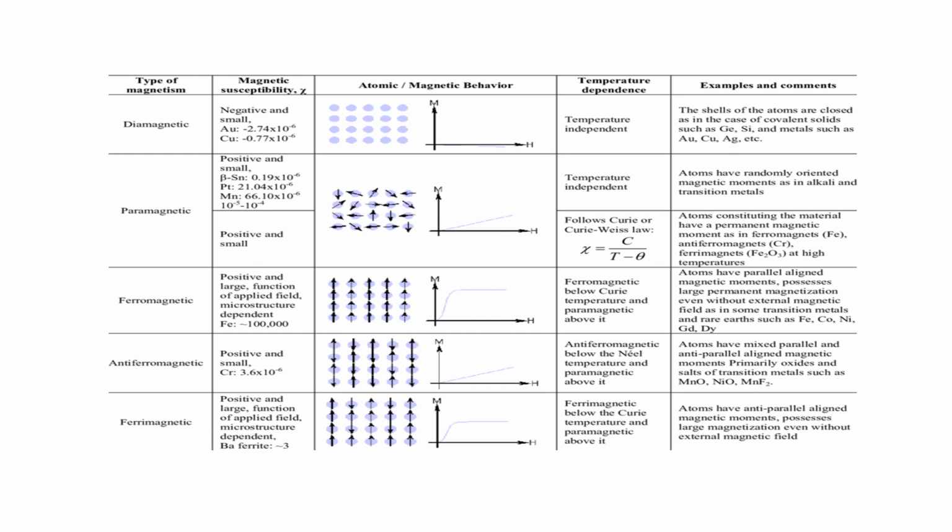Then for ferromagnetic material, the susceptibility is positive and large. You can see a very perfect arrangement of spins. So the value is very high and stable.